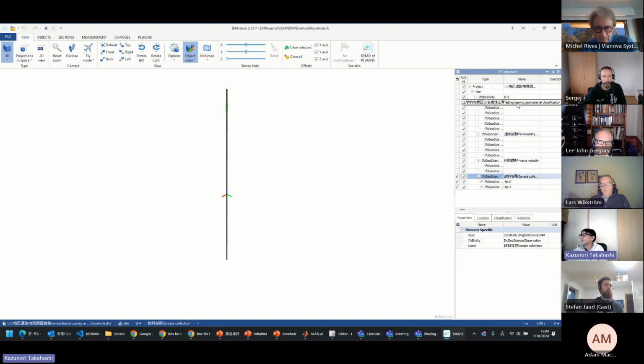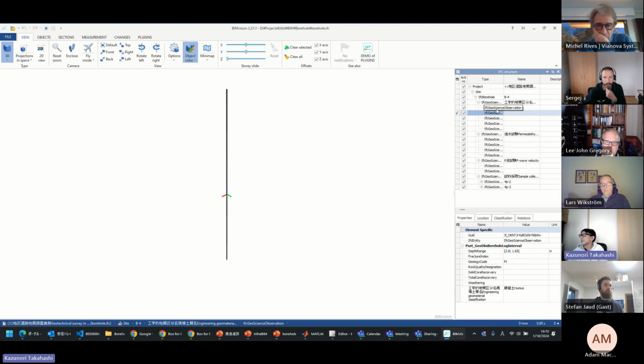So each test is aggregated into the geoscience observation. And under that, these are the values or properties for every segment. So that's what you suggested, I think.